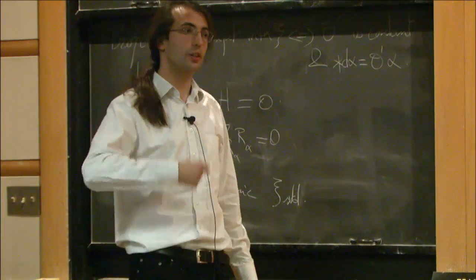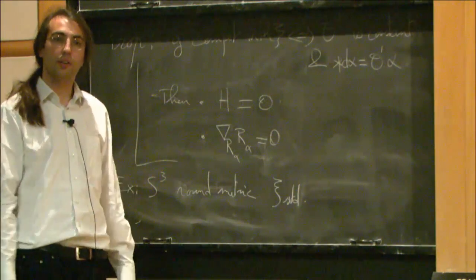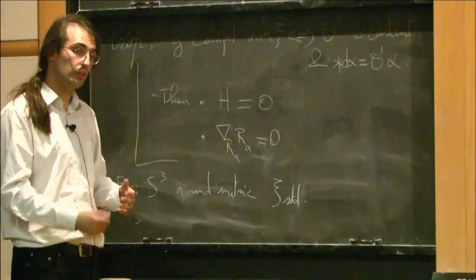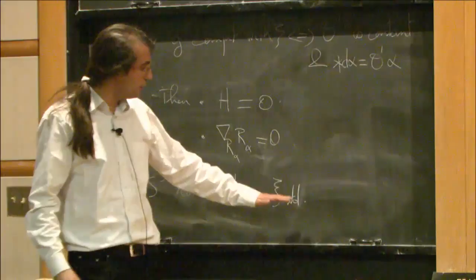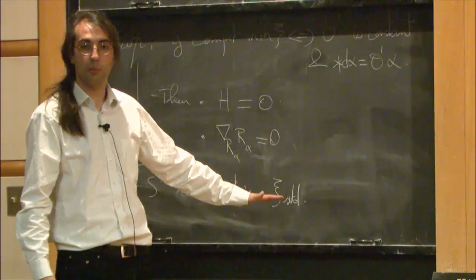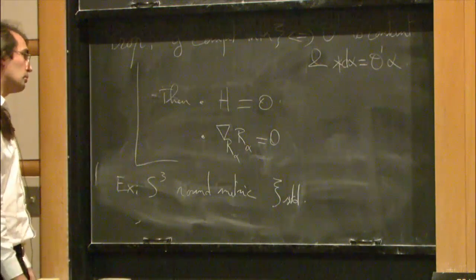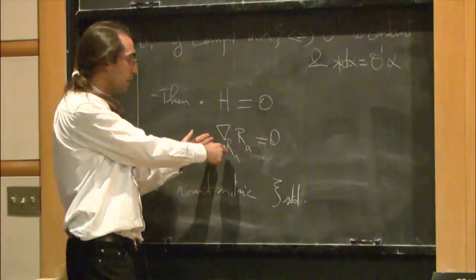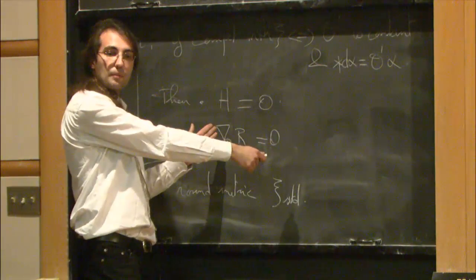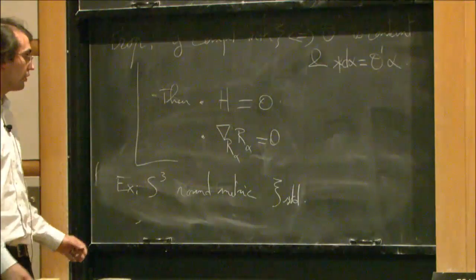So you have this action of S1 on S3. So you've got a foliation by circles, and those circles are geodesics. And the standard contact structure is the orthogonal complement of those circles, of the tangent space to those circles. So in this example, maybe the H equals 0 is not so clear, but at least the geodesic property is clear. Okay, the Hopf circles are Reeb orbits that are geodesics in S3.